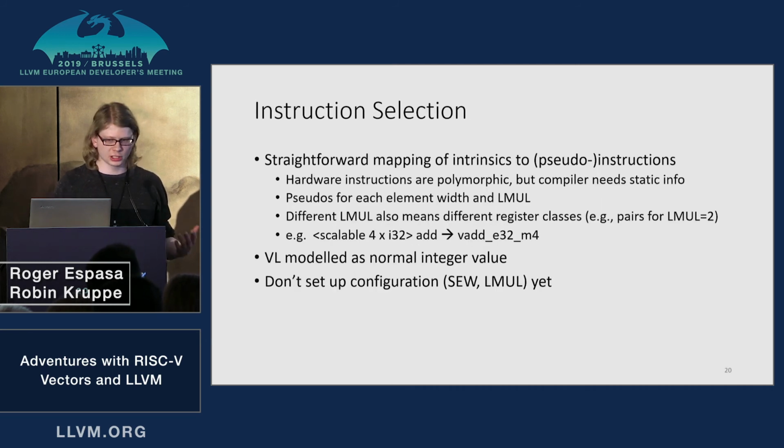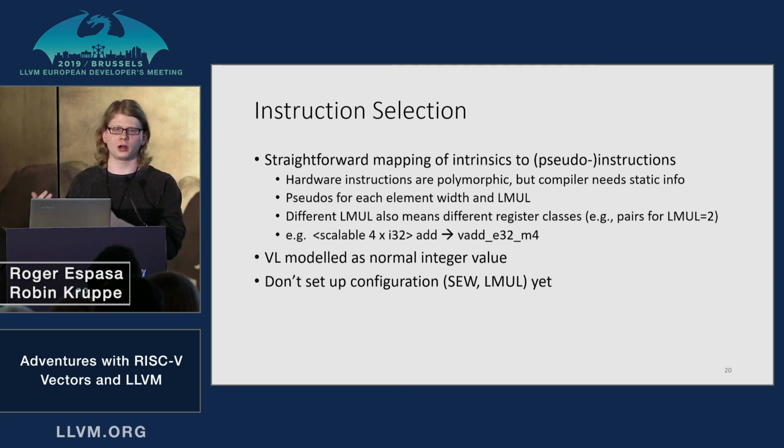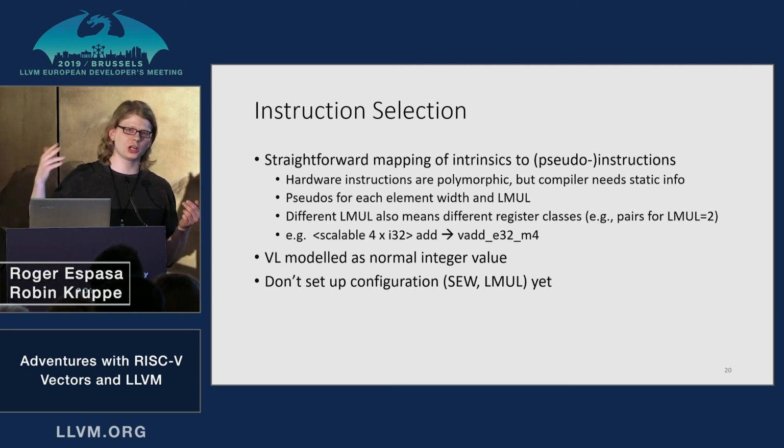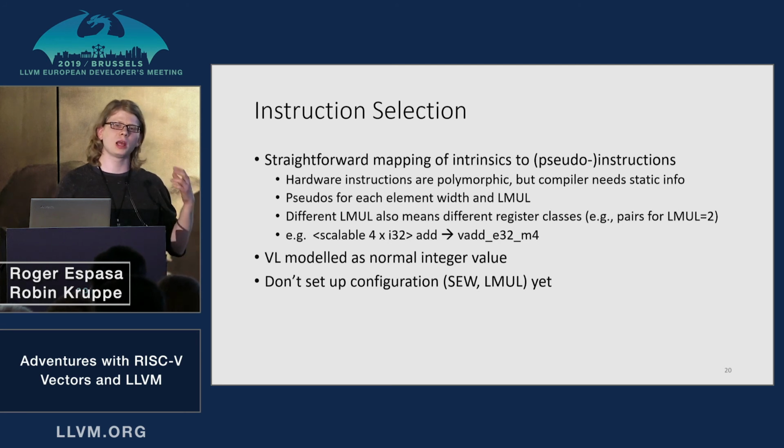So during instruction selection, everything's straightforward. We just map the intrinsics that we've seen in the IR to machine instructions. But we use pseudo instructions for different element widths and length multipliers, because our instructions are polymorphic, so to speak. So the same instructions can mean different things depending on SEW and LMUL. But we need to know which element width and which length multiplier we work on, for example, because a different length multiplier means that more registers are read and written.